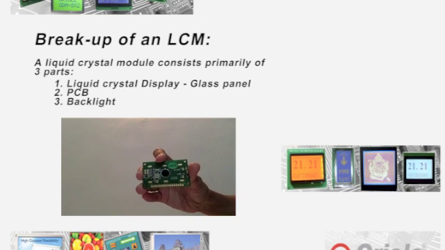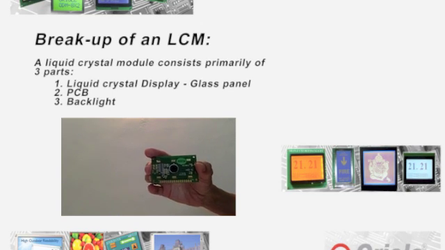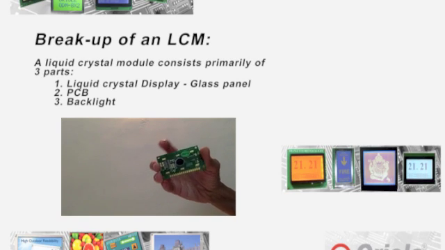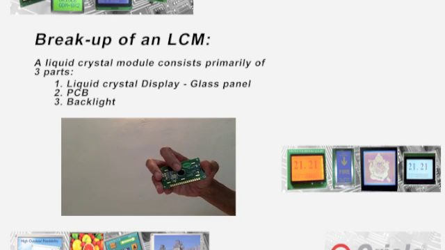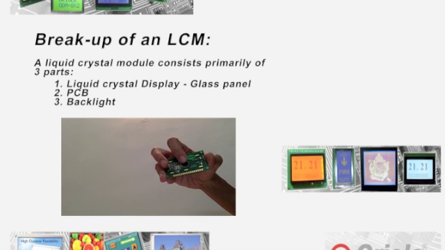This PCB is basically the circuitry. Now the PCB can be of three types. This is COB, which is chip on board, where the LCD controller or the chip is embedded inside this.